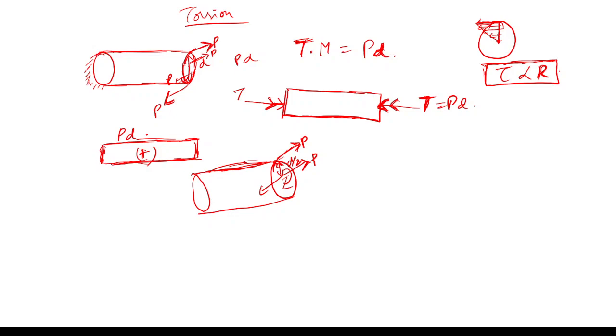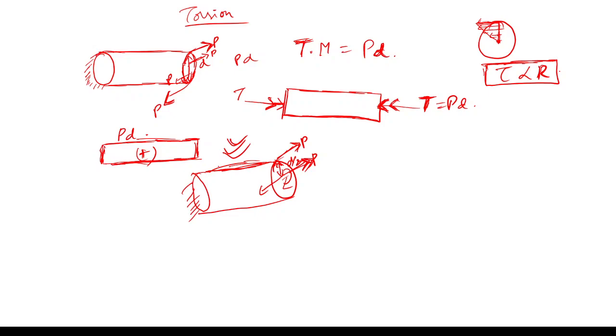Sir, for this case, if the left hand is fixed, what is the reaction at the bottom of the left hand? For this case, you have bending also because it is fixed at this point.